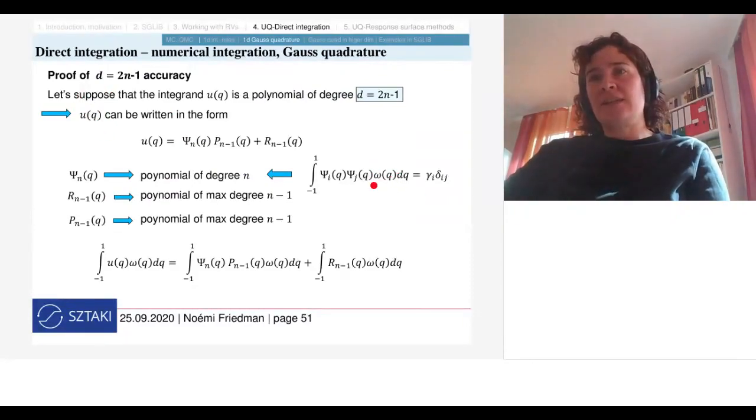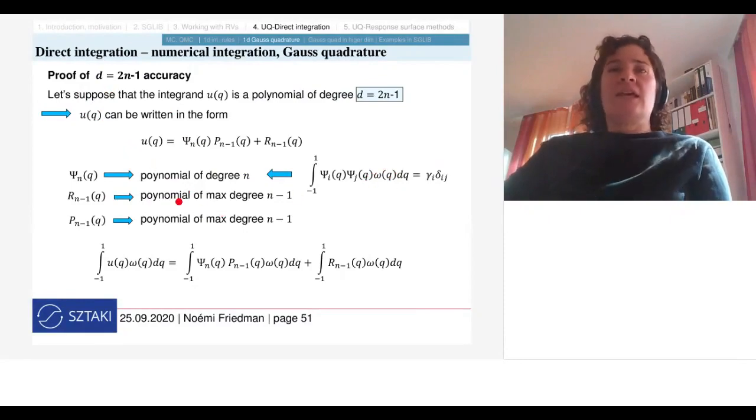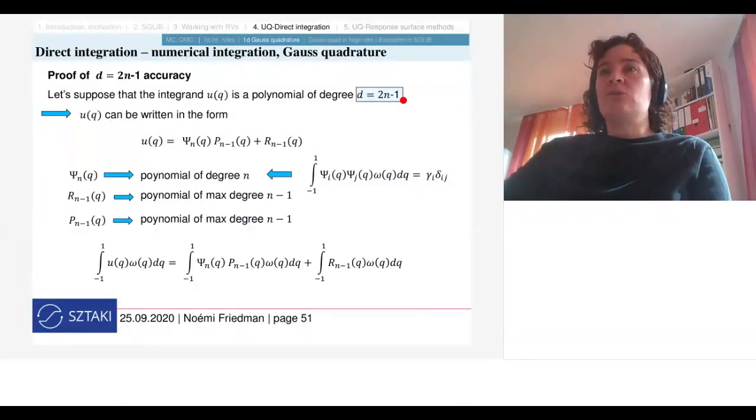So I have this weighting function separated. And if I want to integrate u of q, let's say u of q is now a polynomial of degree 2n minus 1, okay? So I choose u of q to be a 2n minus 1 degree polynomial.